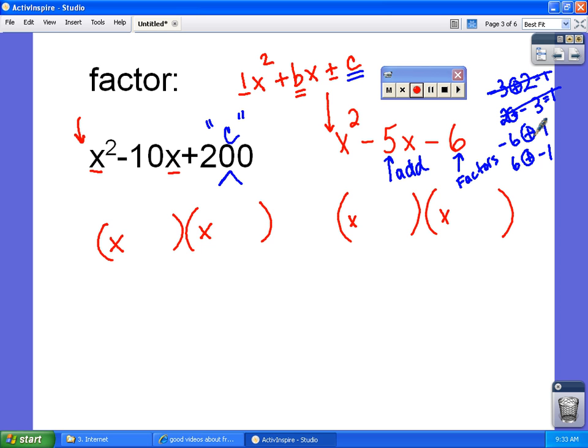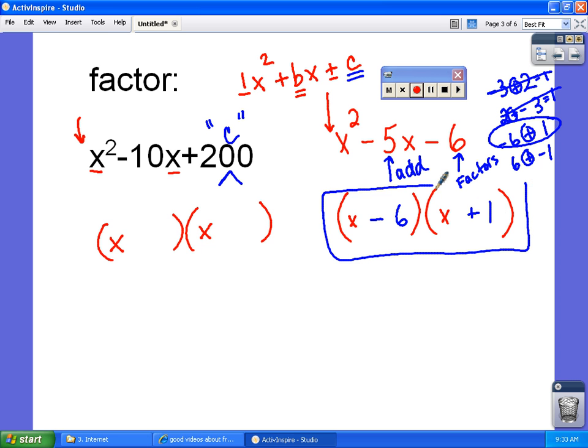But negative 6 plus 1, this is what gets you negative 5. So you put those two factors, minus 6 plus 1. And this is the factored form of this original expression. And if you don't believe me, you can do FOIL, and you will end up with, I promise you, the original expression. Again, you're looking for the things that multiply to the last term that add to the middle term.